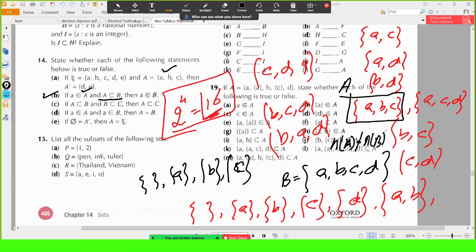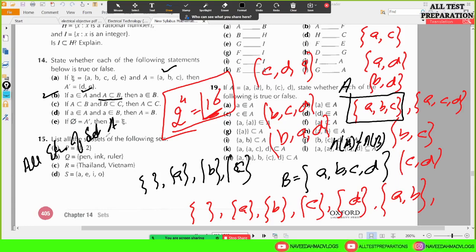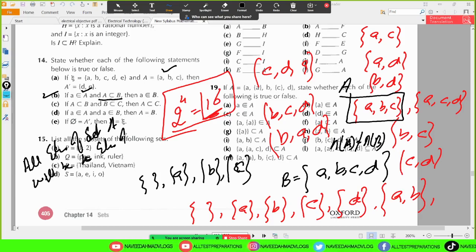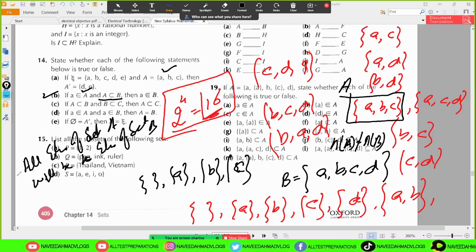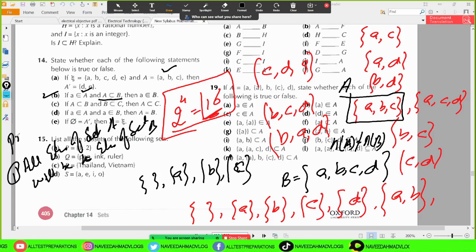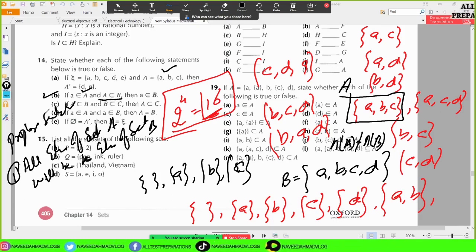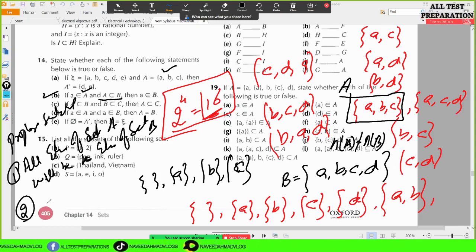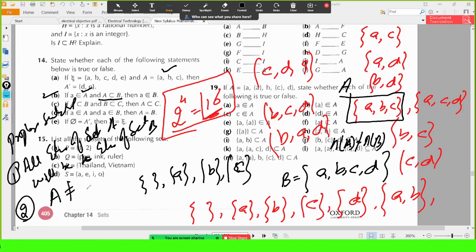The condition for a proper subset is that all element of set A will be the element of set B. This is one condition for a proper subset. The second condition is number of element of set A will not be equal to the element of set B. Okay, this is also the condition.